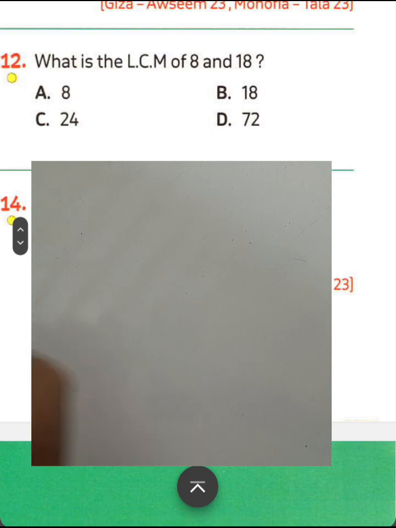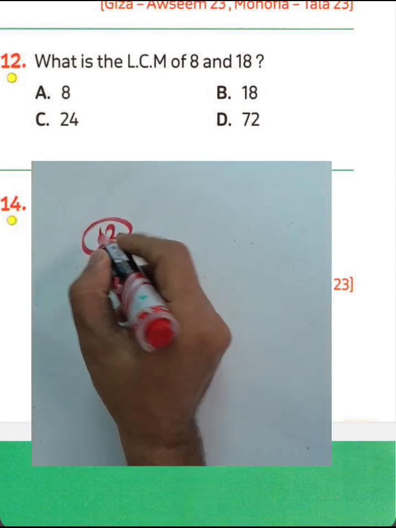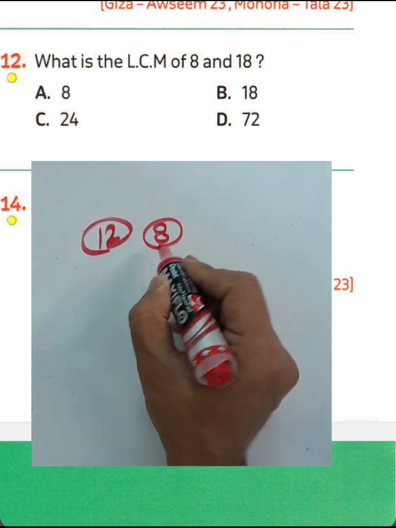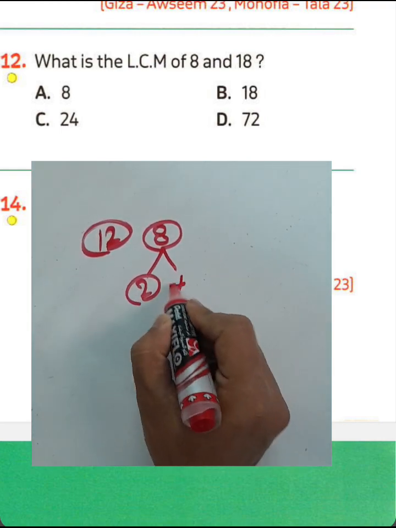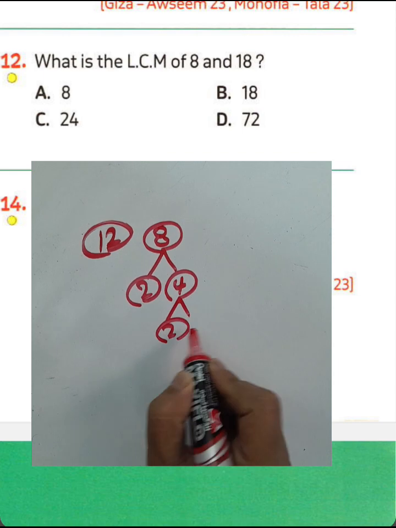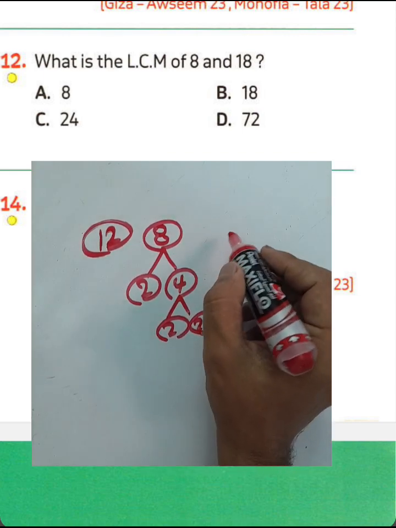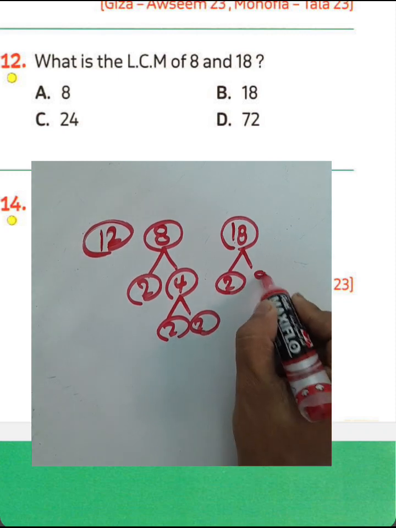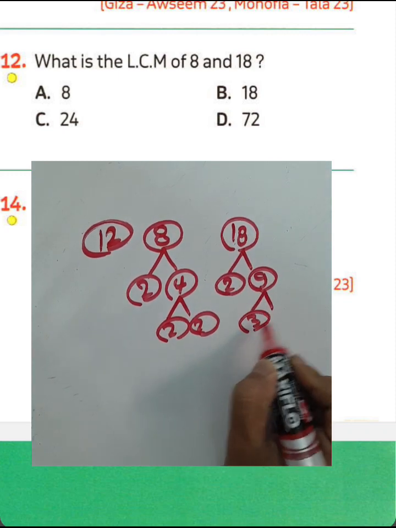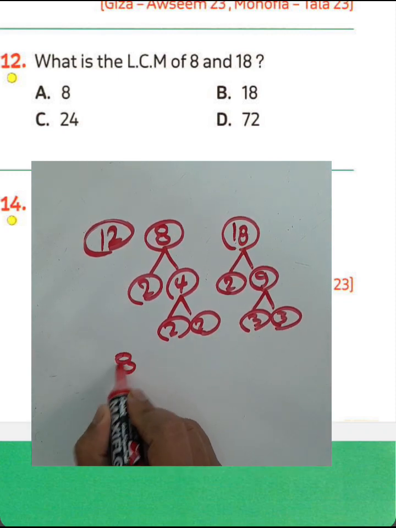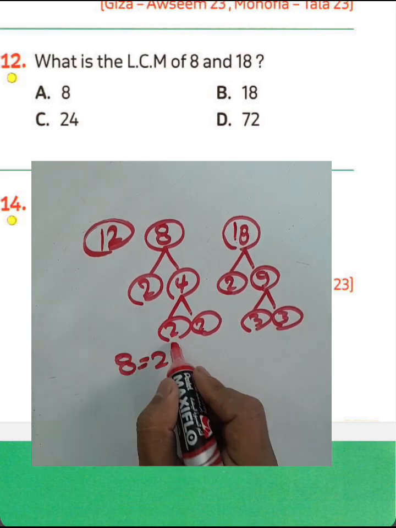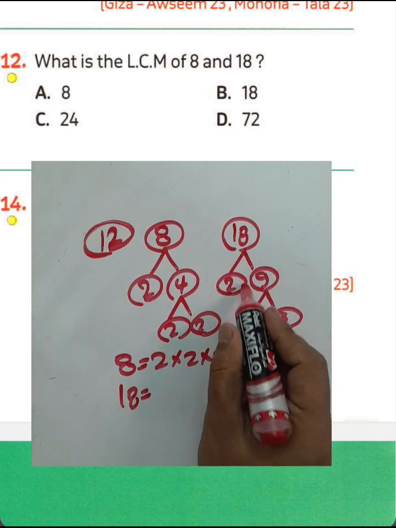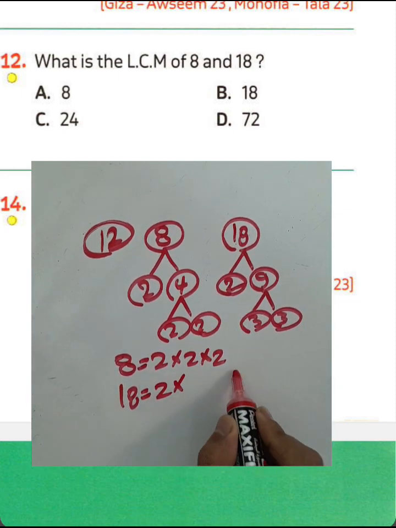Question 12. Write the least common multiple of 8 and 18. We know 8 equals 2 by 4 and 4 equals 2 by 2, and 18 equals 2 by 9 and 9 equals 3 by 3. Then we can write 8 equals 2 by 2 by 2 and 18 equals 2 by 3 by 3.